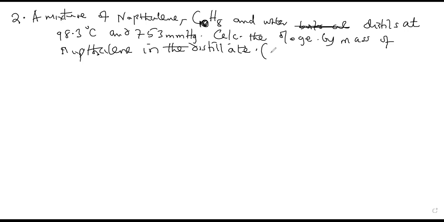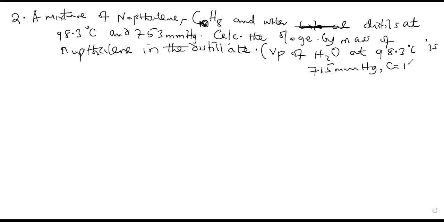They have given us the vapor pressure of water at 98.3 degrees Celsius as 715 millimeters of mercury. We have been given carbon as 12 and hydrogen as 1.